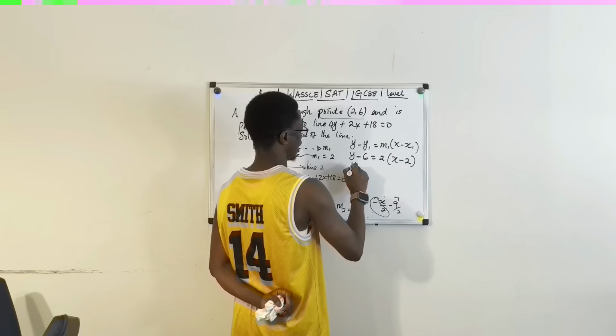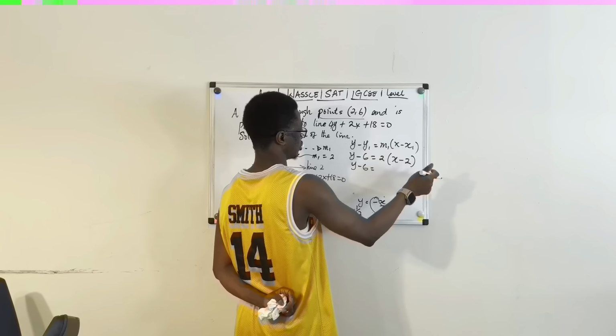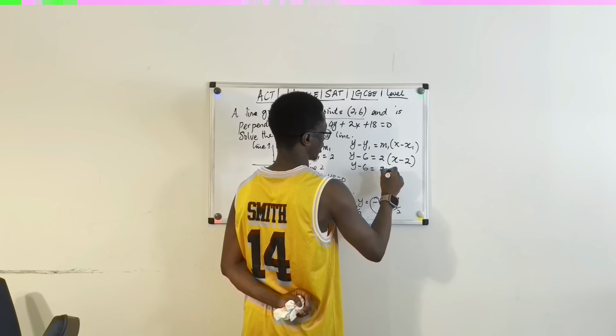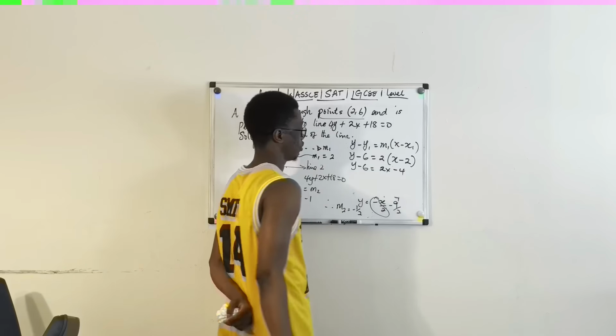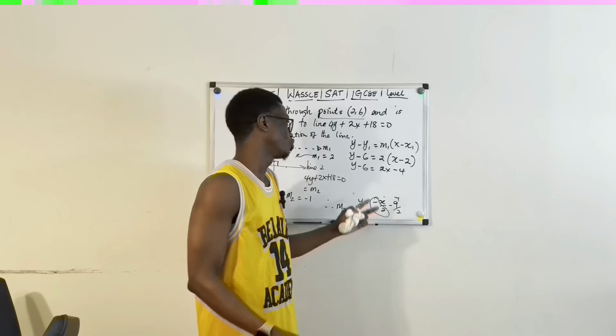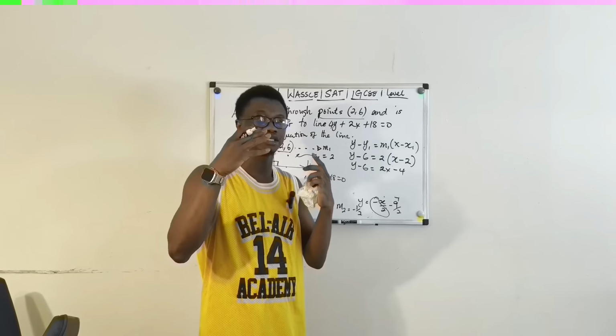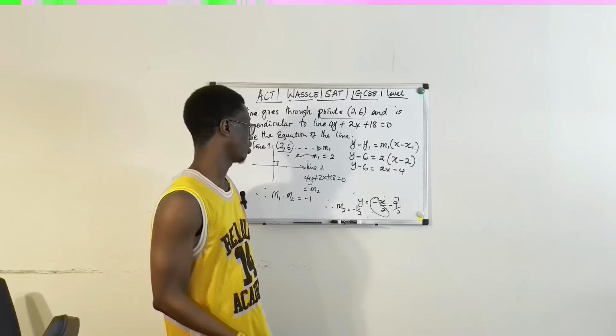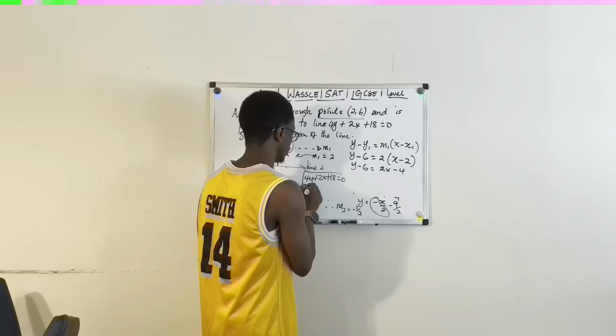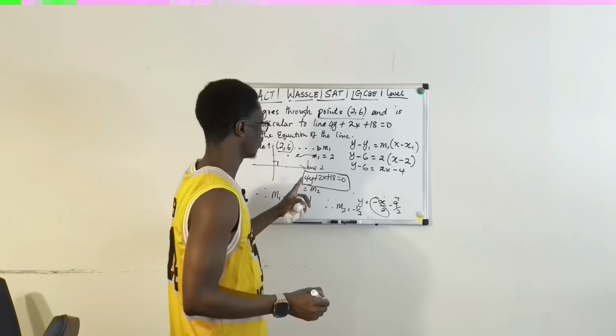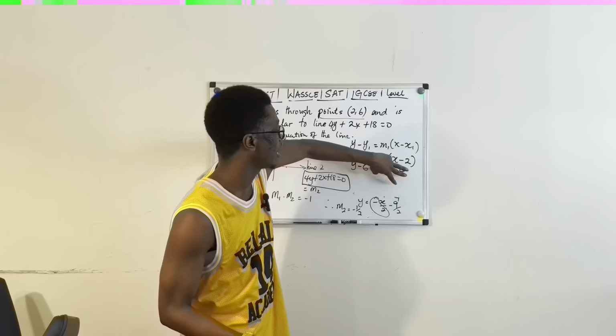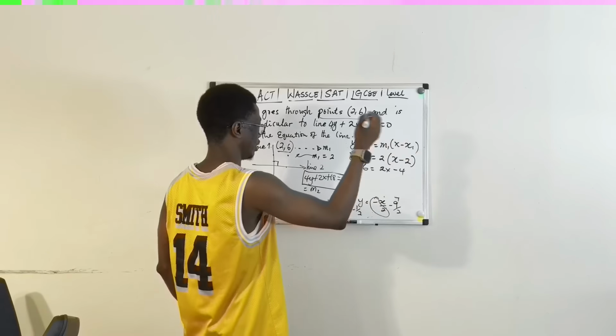Okay, so we are now heading to getting the equation of this line. So now we can just say y minus 6 equals, you distribute these two, this time this becomes 2x, and this is minus 4. You can write this equation in slope intercept form if you want, or you can just write it in this form, just like the other line. If we want to write it in this form, we have to bring everything here on the left hand side.